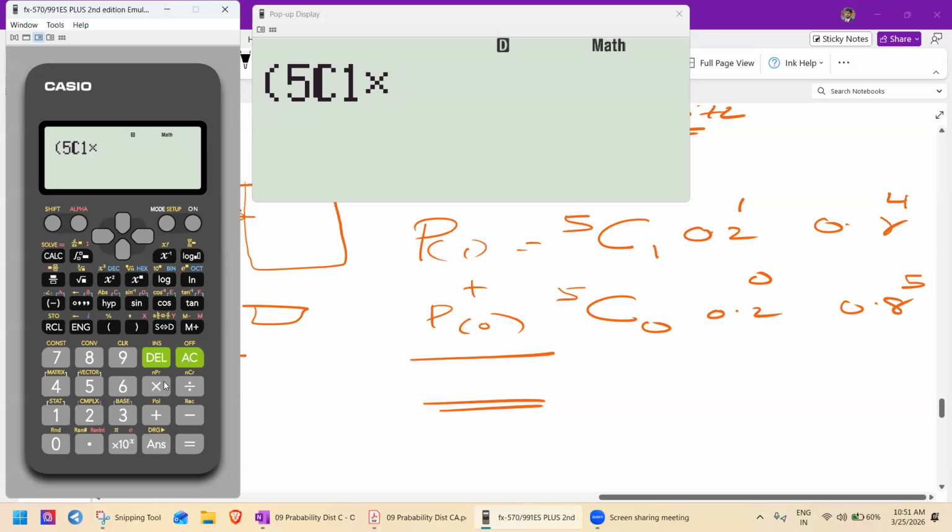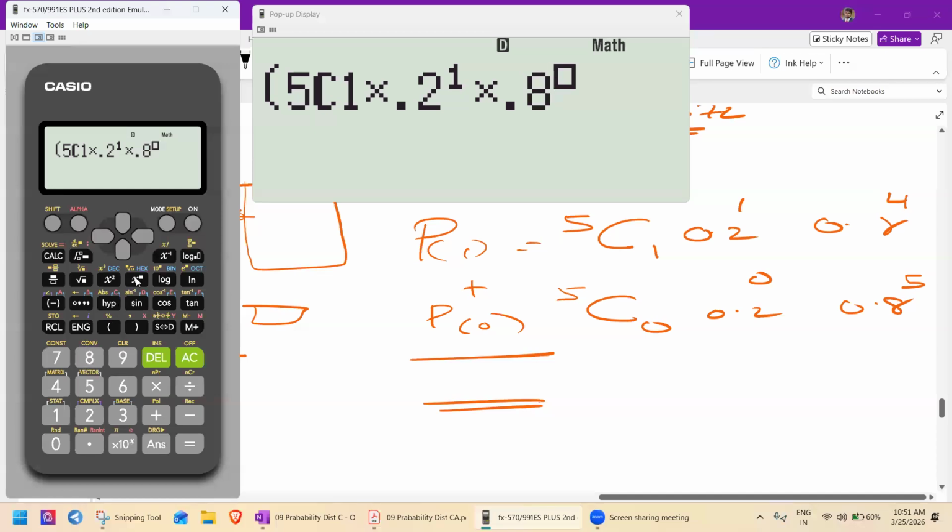Into 0.2 power 1, into 0.8 power 4. Then I close the bracket.